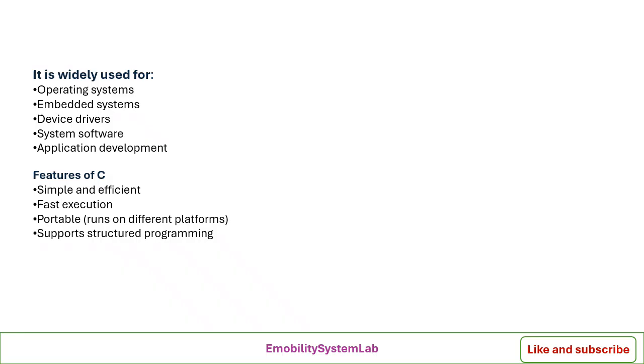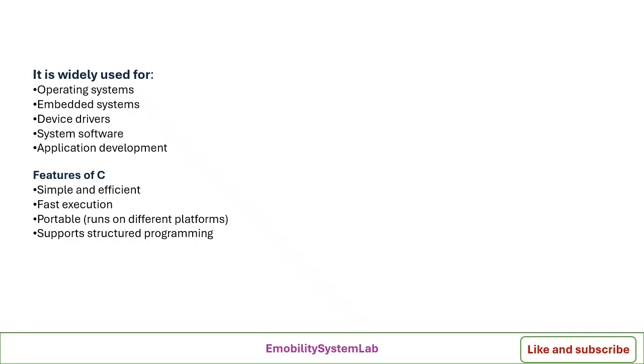It is a simple and efficient programming language. It has fast execution and it is portable. So why is it called portable? Because it runs on different platforms. And the C programming language supports structured programming. When it comes to structured programming, it is easy for us to understand.